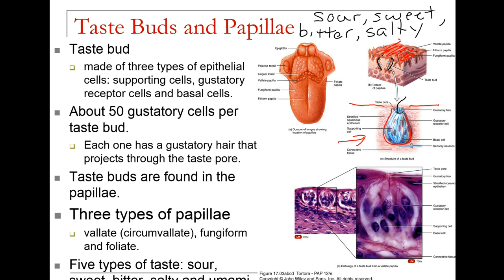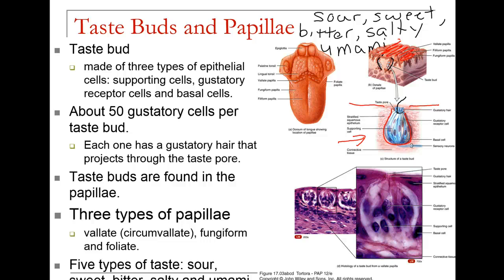And then one that's sort of new, some people don't know about, is called umami. Now umami is something called a savory sense. It actually detects amino acids. So meats would really trigger umami, and that's UMAMI, umami.